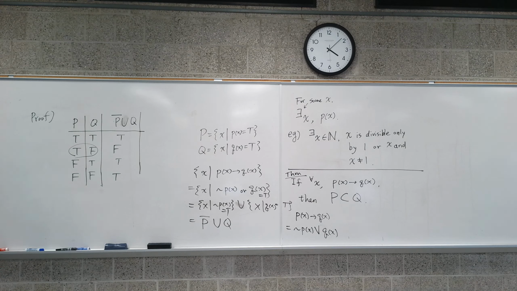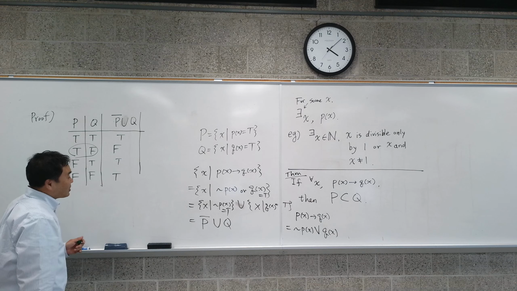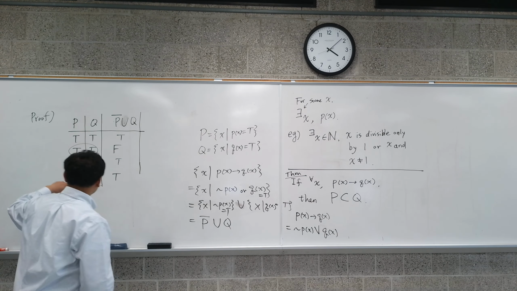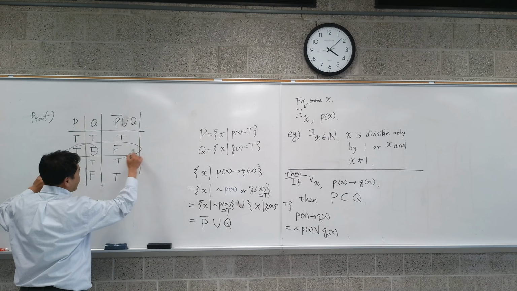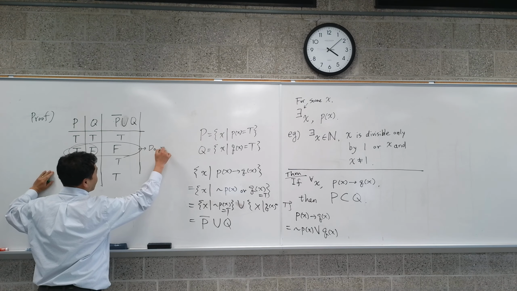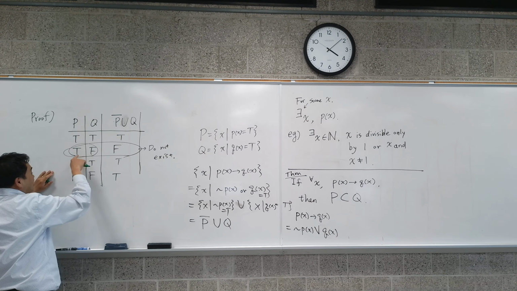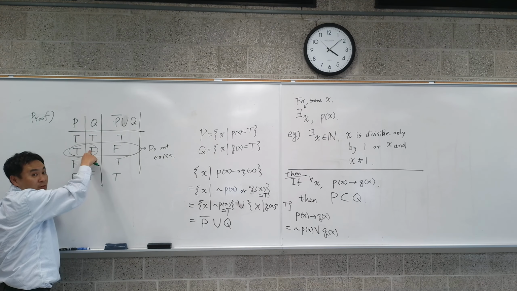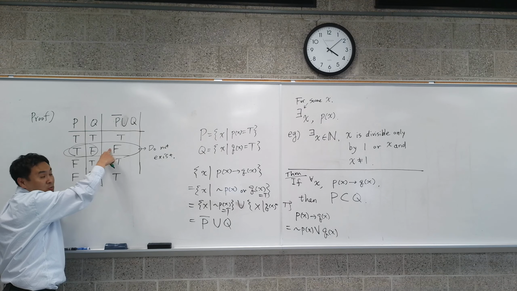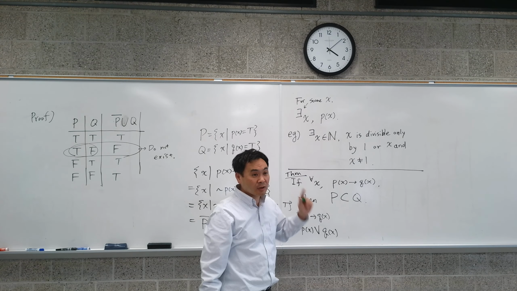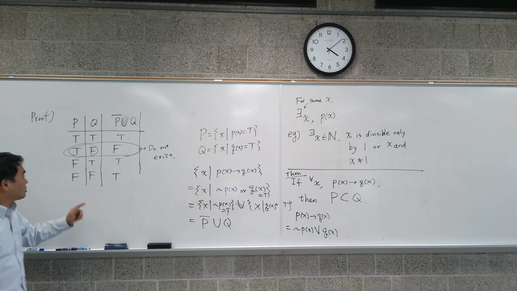And then to say that for all x, this is true, means that these do not exist. If you have any element that belongs to P but not in Q, then you have a case when this proposition is false. Okay? Is that okay?